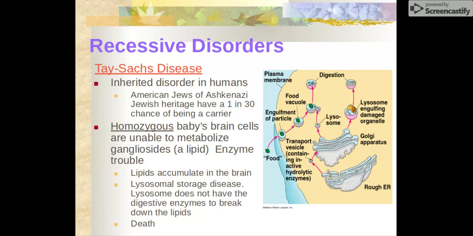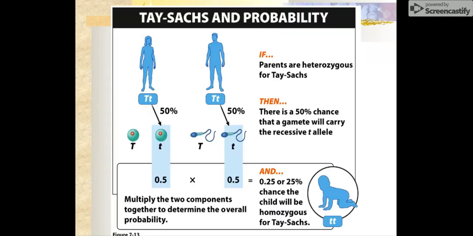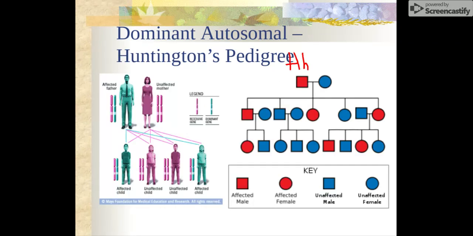If they've got both of these recessive alleles, it's usually lethal early on, but the disease doesn't disappear from the gene pool because individuals that are heterozygous are perfectly normal. Here we see the probability: if we've got two individuals that are heterozygous carriers, we've got a 25% chance that they have a baby with Tay-Sachs disease.